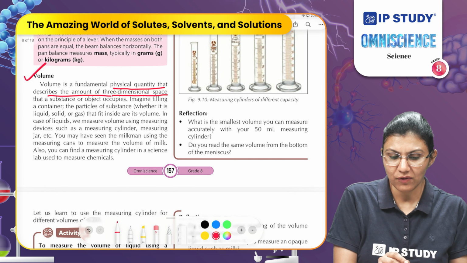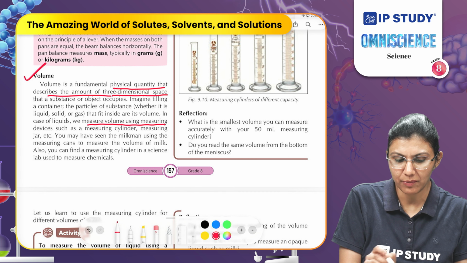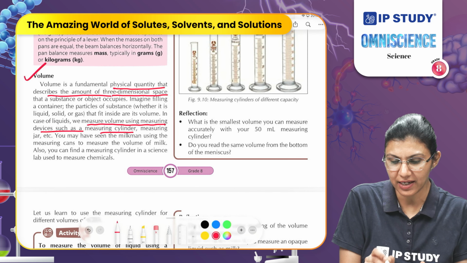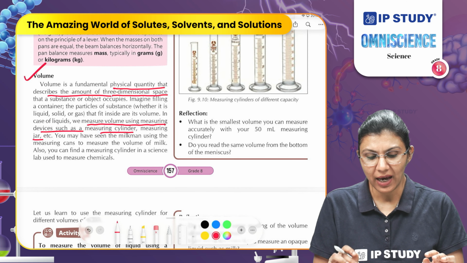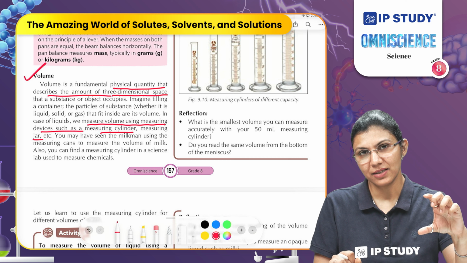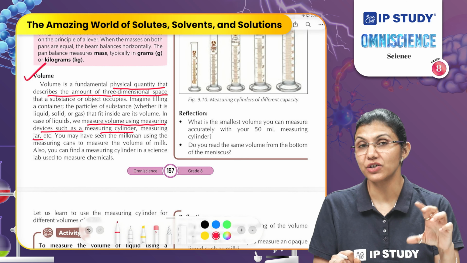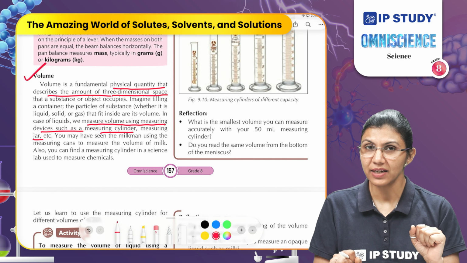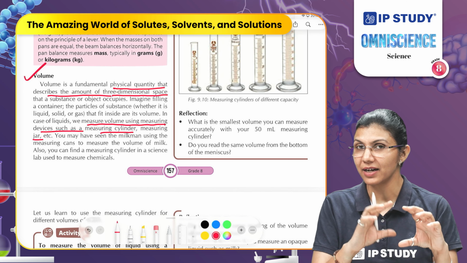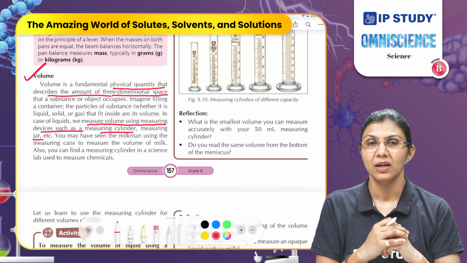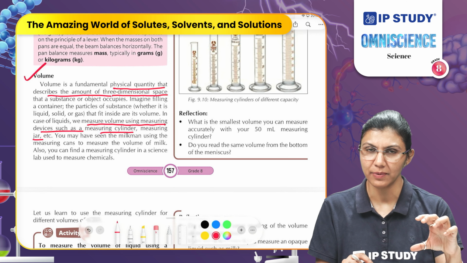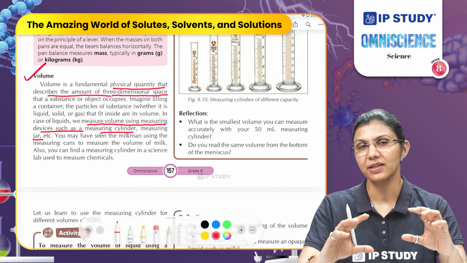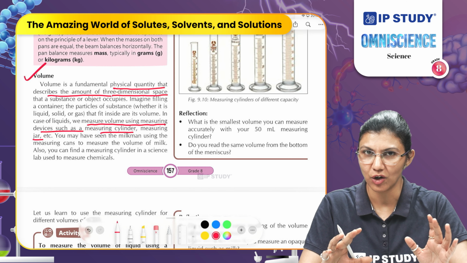So, in case of liquids, we measure volume using measuring devices like measuring cylinder and measuring jar. You may have seen the milkman using a small jar to measure the milk. So, what is that jar? That is the measuring jar, and it comes in different capacities. What is different capacity? It means a smaller size is measuring small capacity, small volume, and a bigger size is measuring bigger volume.